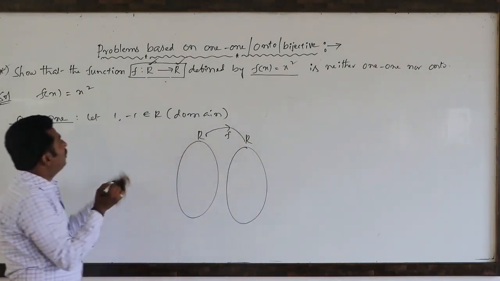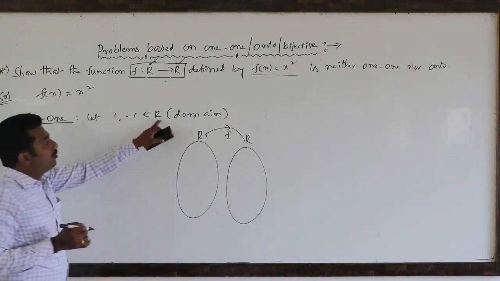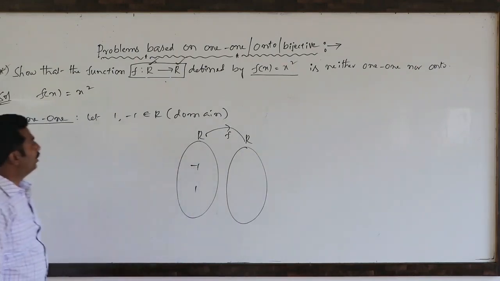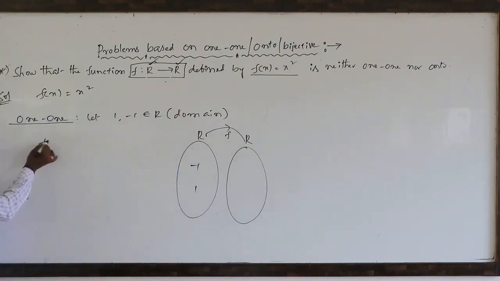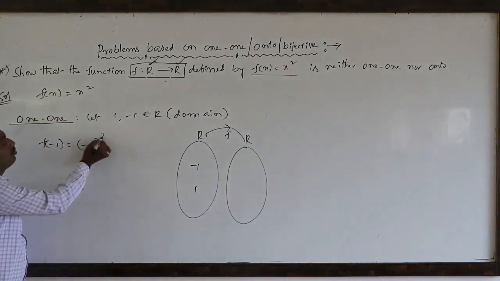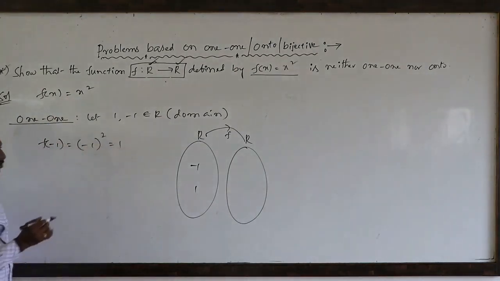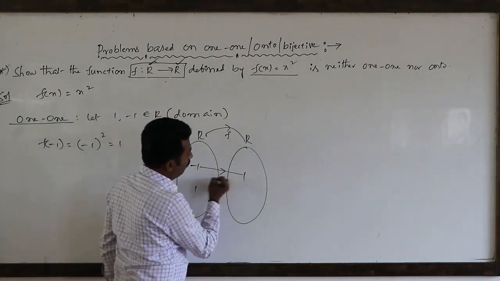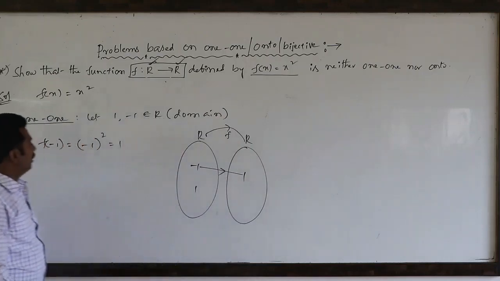I am taking two arbitrary elements from the domain, minus 1 and 1. First we calculate f of minus 1. Put x equal to minus 1, minus 1 whole square will be 1. So in the codomain also, one number I am taking, that is 1.